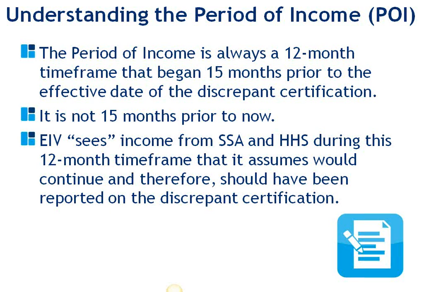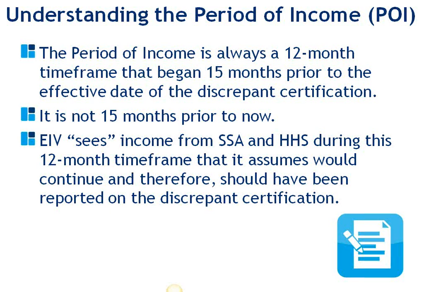It's always going to rewind from the effective date of the discrepant cert, the cert that EIV thinks that you've made the error on. You're always going to rewind the clock 15 months and run it for a 12-month time frame, and that's always going to be the period of income. Period of income is the time frame EIV is looking at and saying, well, this is what they were earning during this period.